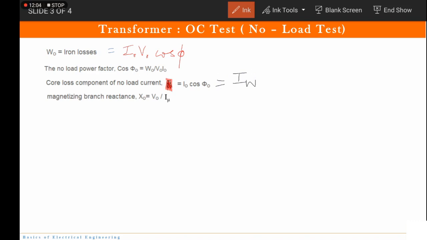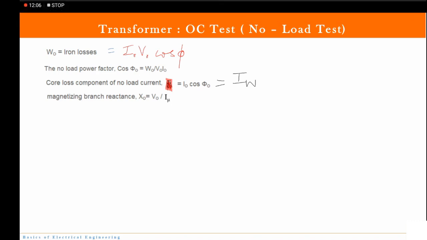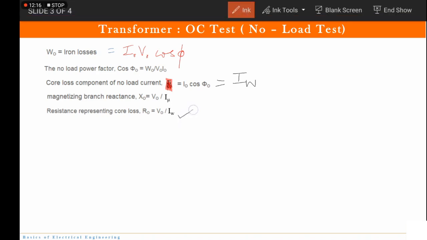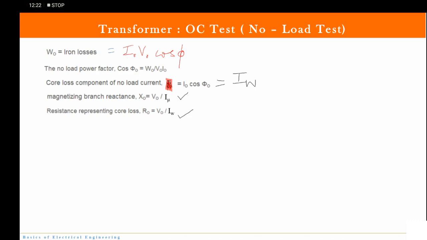Otherwise, all the things are right. So the resistance is based on the working component and the reactance is based on the magnetizing current component.